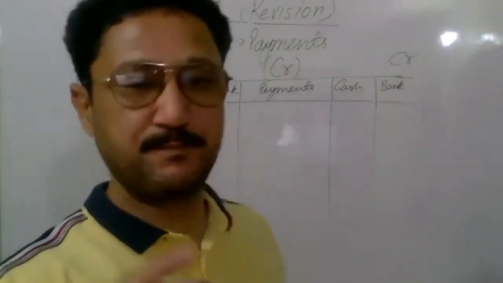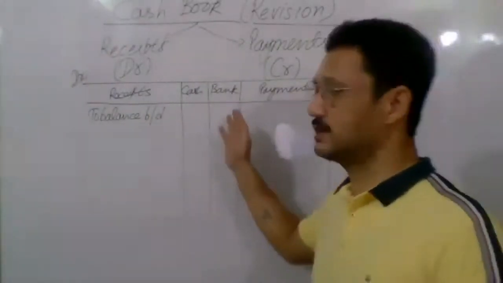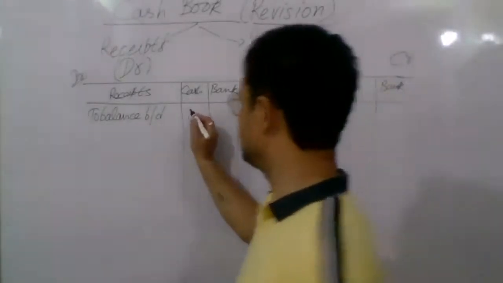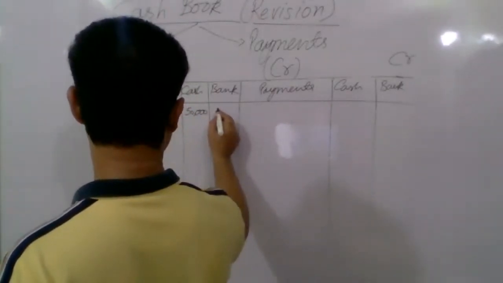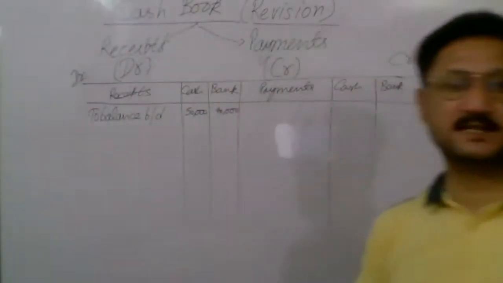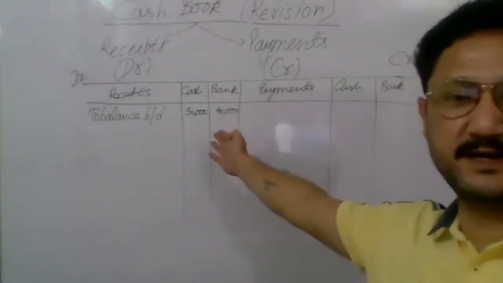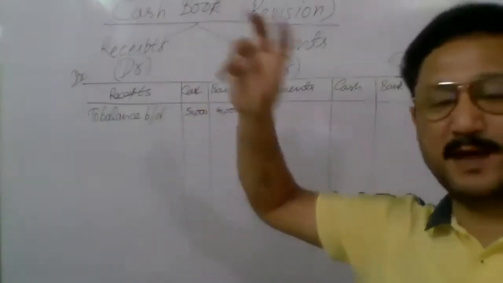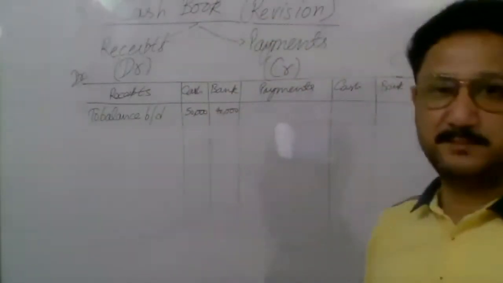The first entry is the balance brought down. It will show how much is in the cash and how much balance we have in the bank. The first entry always is the balance of the previous month or the previous period.